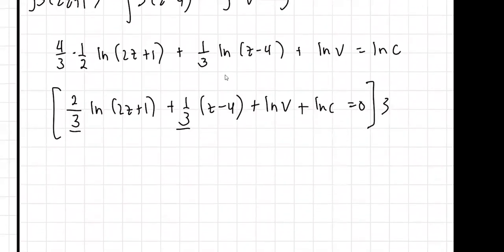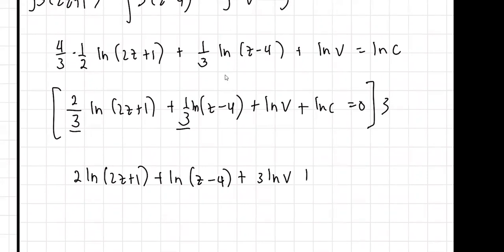Okay? So we have 2 ln 2z plus 1 plus ln z minus 4 plus 3 ln v plus ln c is equals to 0. Okay?